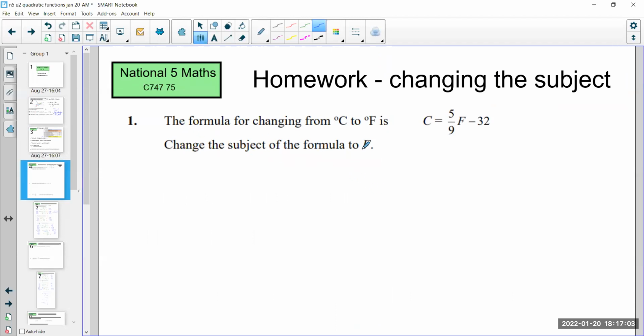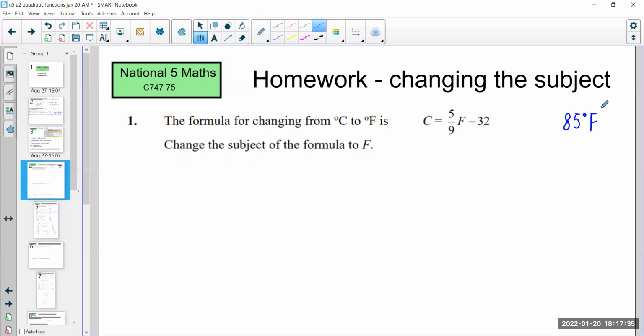So the first question in your homework was, we have a formula for changing from degrees Celsius, so degrees C, to degrees Fahrenheit. So what does that mean? If someone is in the States and tells me, oh, it's 85 degrees at the moment, there is not a chance that that person is telling you it's 85 degrees C, right?